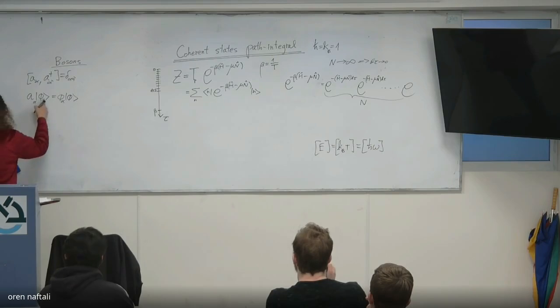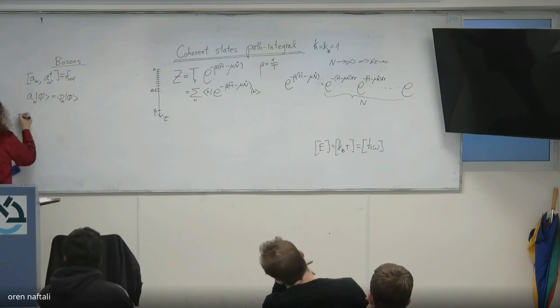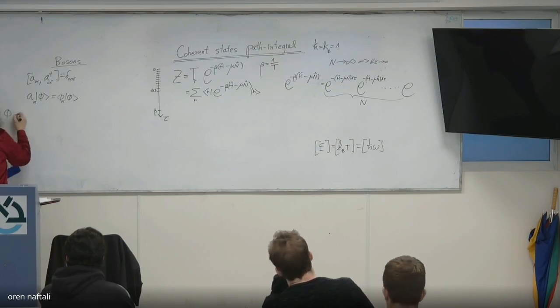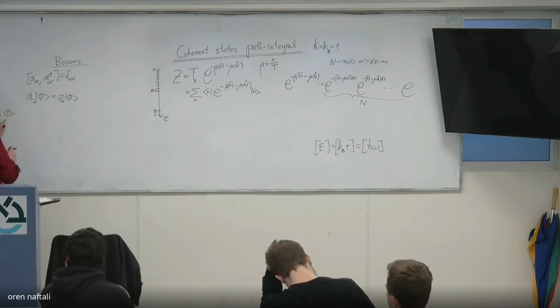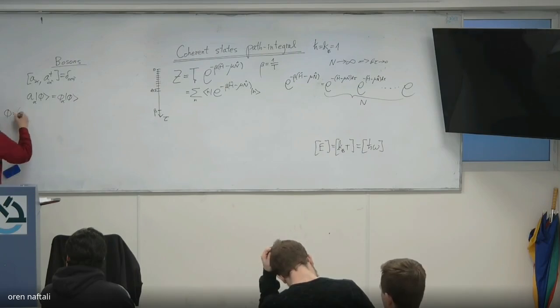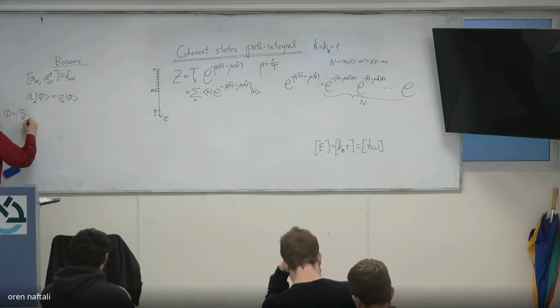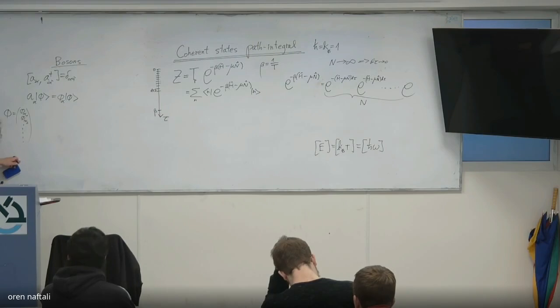So what is the state phi? We should actually think of this notation as corresponding to a series of numbers. It has components for each alpha.